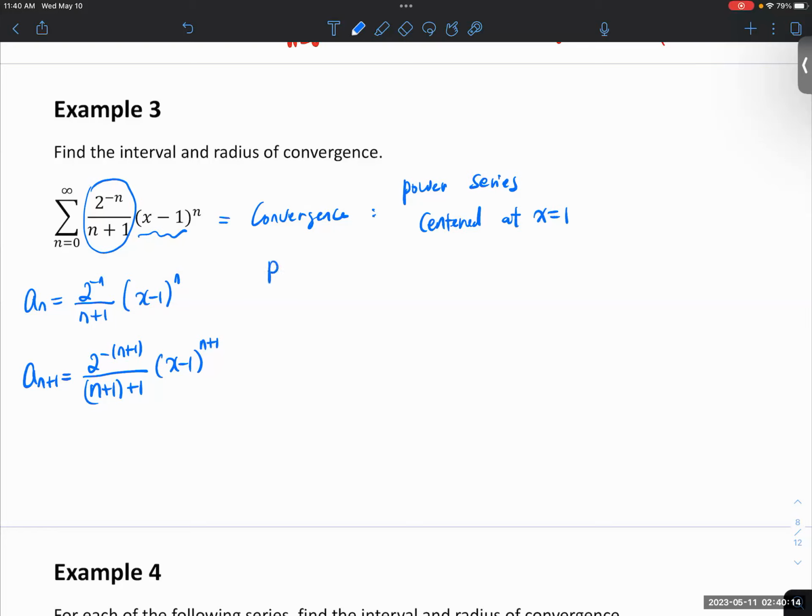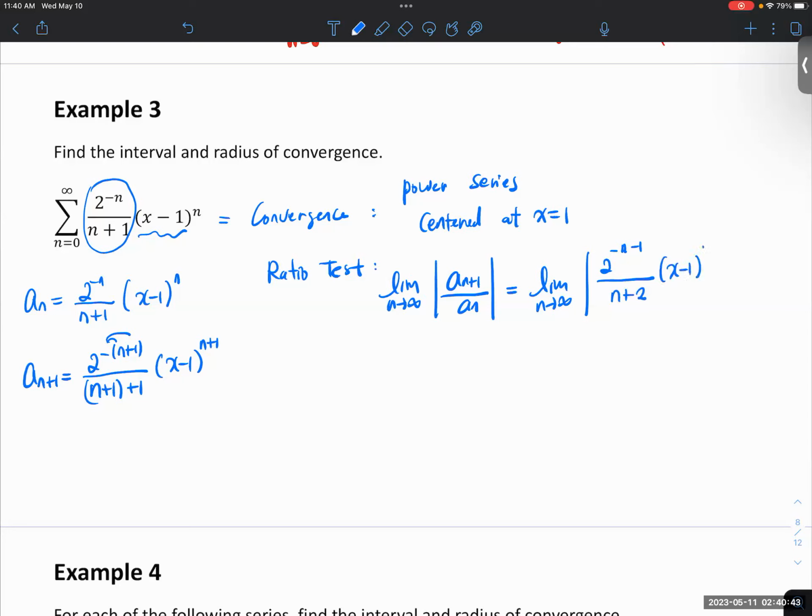According to the ratio test, take the limit of a_(n+1) over a_n. So a_(n+1) is 2 to the negative n minus 1 over n plus 2, using the distributive property, times (x minus 1) to the n plus 1.